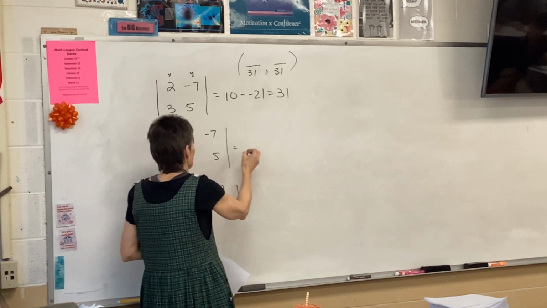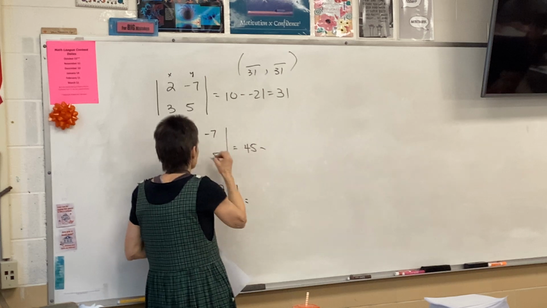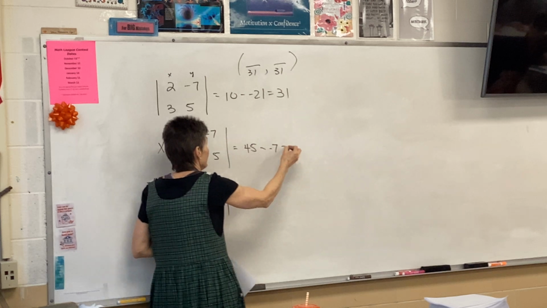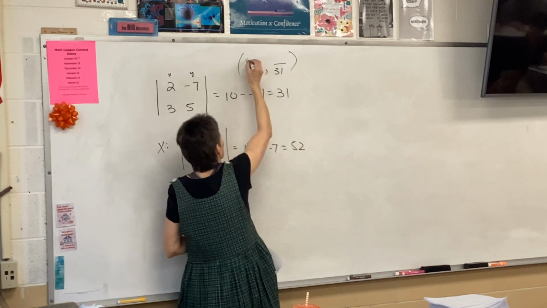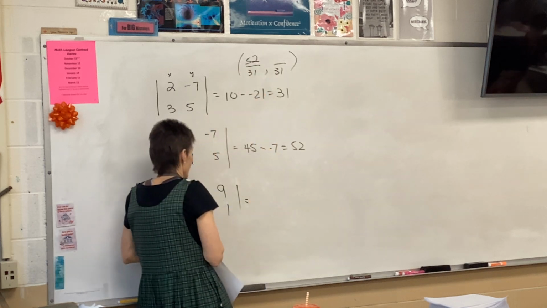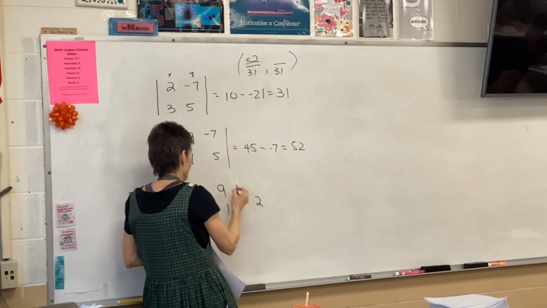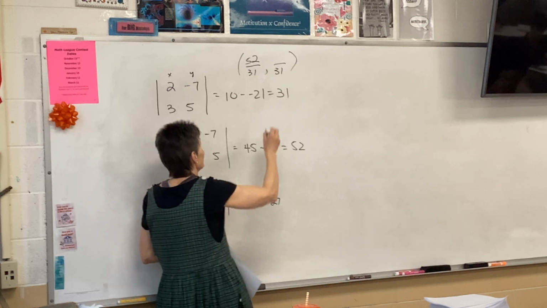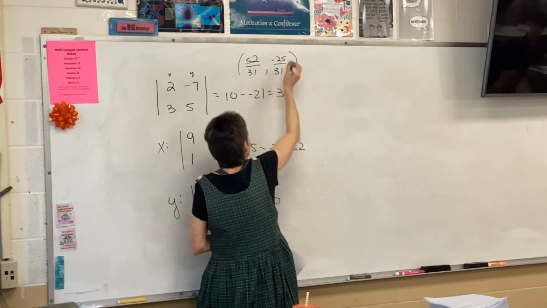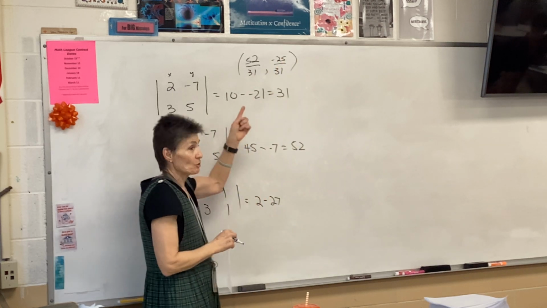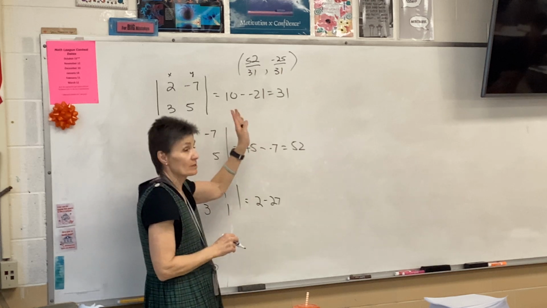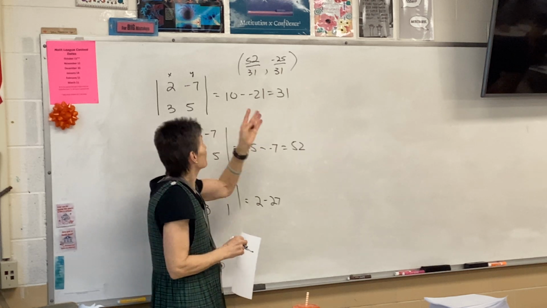So what is this one? 45 minus negative 7, 52. And 2 minus 27, negative 25. And that's your answer. Nothing reduces, so that's it.